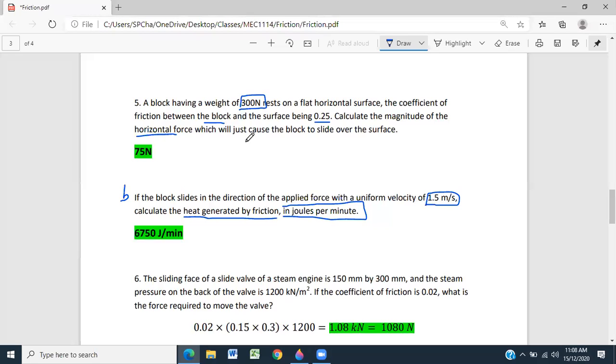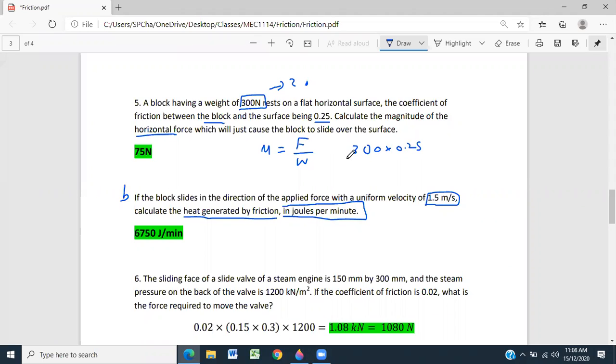So to find force, same formula, coefficient of friction, the force to overcome friction divided by weight. Weight was given to us here as 300 newtons. Coefficient of friction 0.25, so that's 300 times 0.25. 0.25 is essentially a quarter.